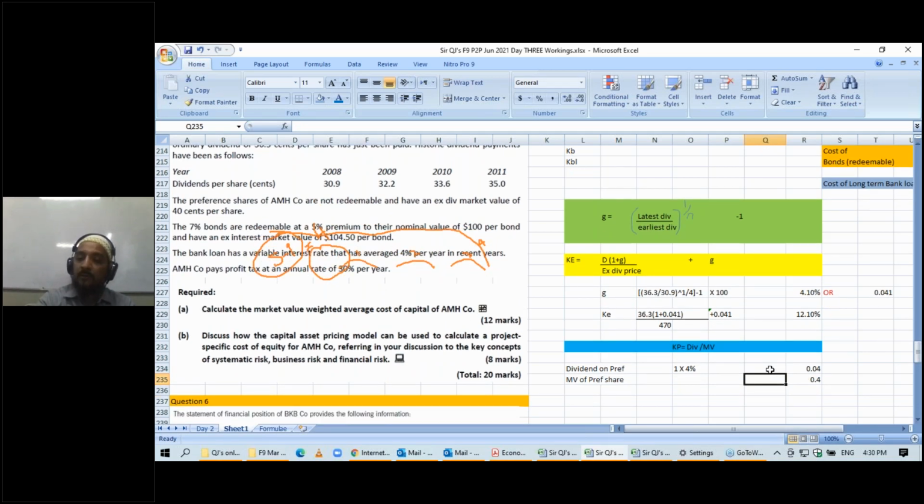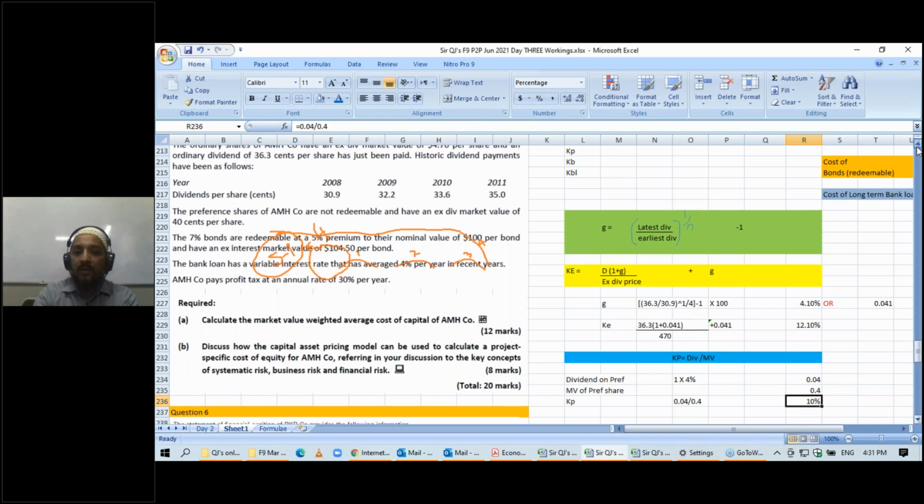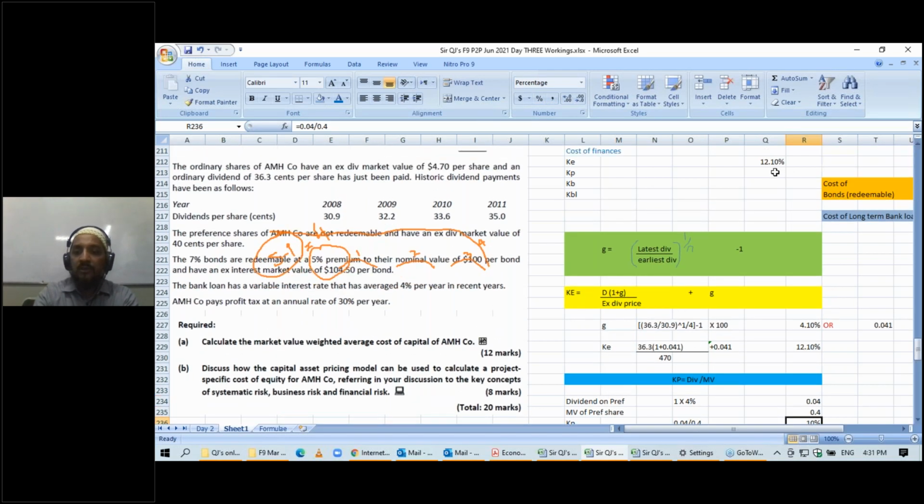If I have to take both of the items in the same currency, the cost of preference shares makes 0.04 divided by 0.4, both in the same units in dollars, and then the cost of preference shares becomes 10%. So I found another one. So the cost of preference shares is 10%.